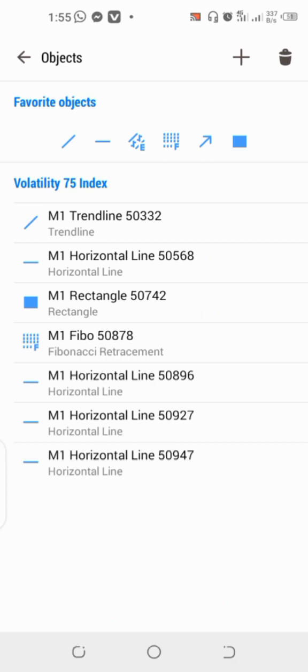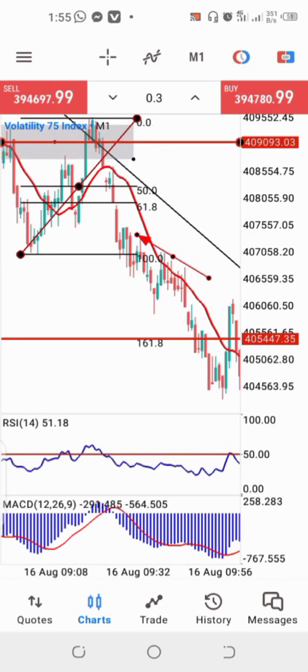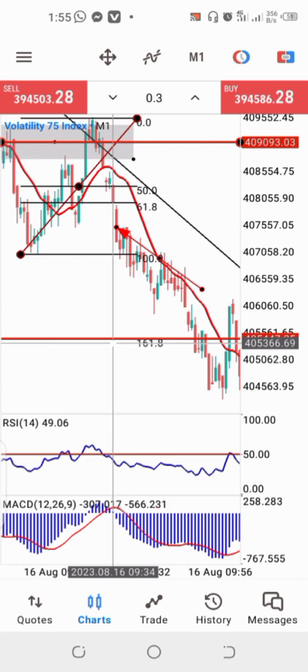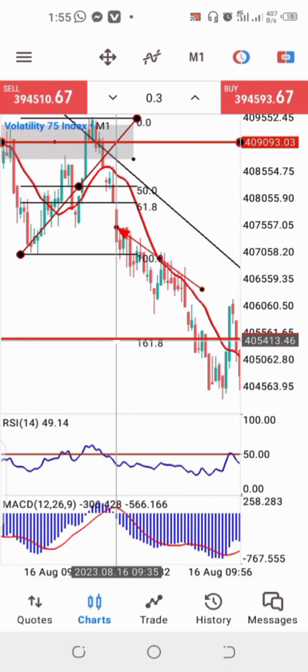At the point where you short the market, if you look at the corresponding indicators below, let me use the cross here, you notice that the blue line of the RSI is below the 50, and the histogram lines of the MACD have gotten to zero level and are dropping below zero level.